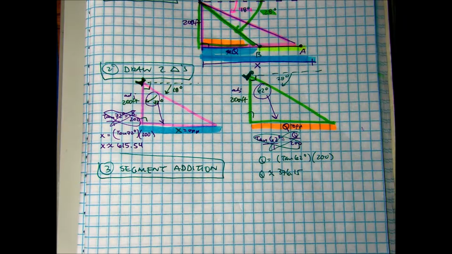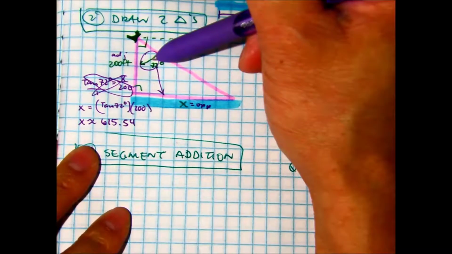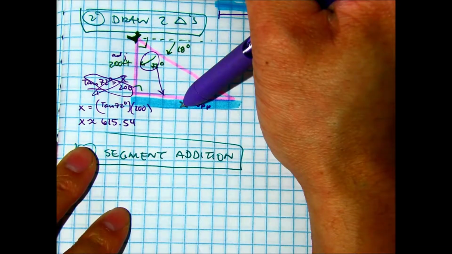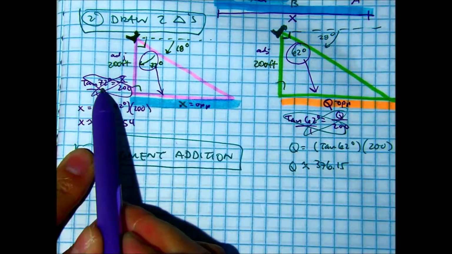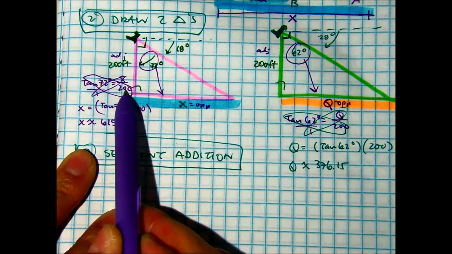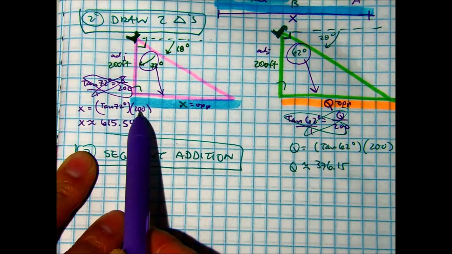So from here, you just have the 72 degrees. You have the opposite, and you have the adjacent. That's tangent of 72 equals the opposite over the adjacent, x over 200. Cross multiply. Calculator ready equation, you get 615.54.